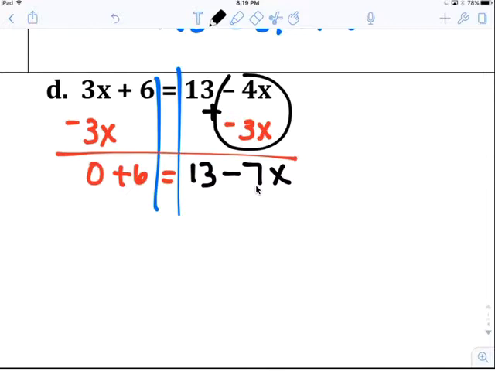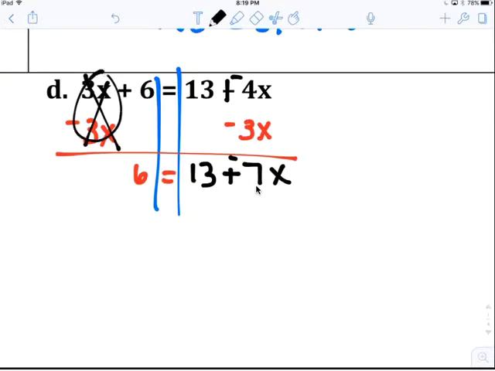Okay, if you see it better as an additive inverse, you can do that too. Notice that, that's still a negative 7x. Now you got a problem like this. Because this is 0, that's why you see people cross this out instead, or put a 0 here, plus 6 is 6.